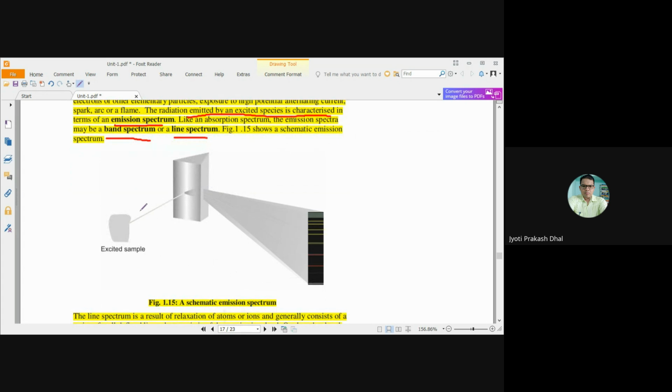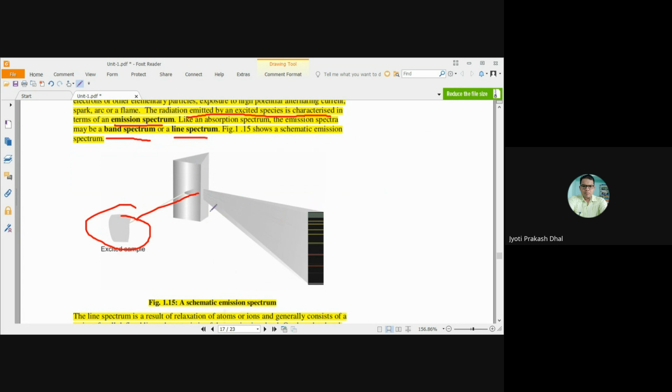Suppose this is one excited sample and that will emit electromagnetic radiations. Now if you pass this electromagnetic radiation through this prism, it will split into an electromagnetic spectrum.